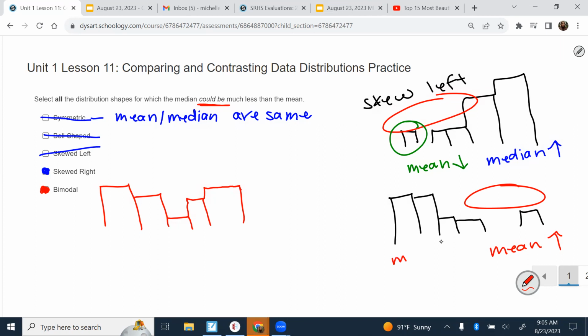So that means my median is expected to be where the bulk of my data is. So it would be expected to be lower than my mean. So these two would be the answers for that: skewed right and bimodal. So questions on that one? Questions on other?